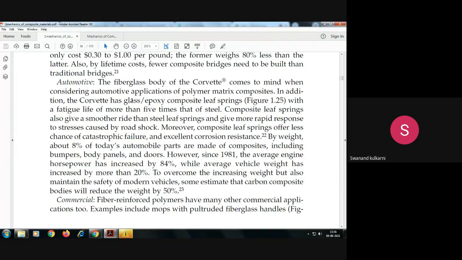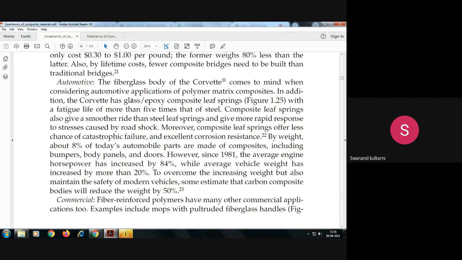Is it okay? By weight, about 8% of today's automobile parts are made from composites, including bumpers, body panels, and doors. However, in 1981, at that time, whatever the components were used in the automotive sector, nowadays their utilization is largely increased.